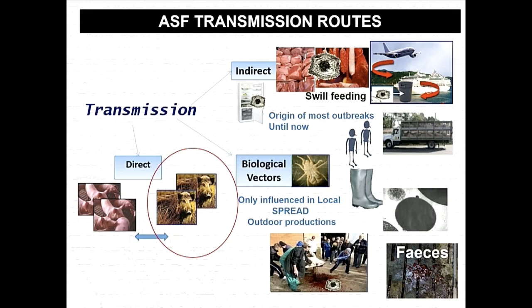And if you combine the strong presence of virus in blood plus the resistance of the virus, you have a very, very big enemy. So you have to be careful with swill feeding. Why is swill feeding so important? Because, unfortunately, in many infected countries they are sending animals to the slaughterhouse, and most of these animals are positive for ASF virus.